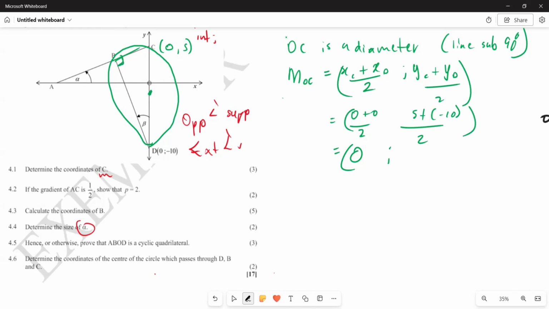This is the same as negative 5 over 2, if I'm not mistaken, right? So basically, the coordinates of the midpoint that you are finding here are (0, negative 5 over 2). Hopefully, this makes sense to you now, and you're in a position to answer all these types of questions. Thank you very much.